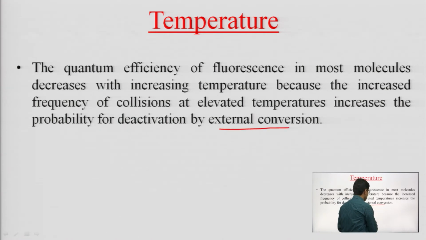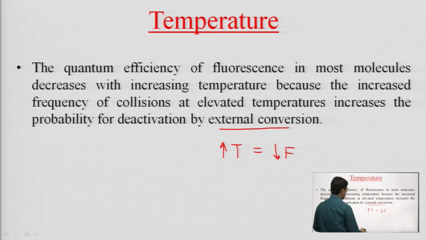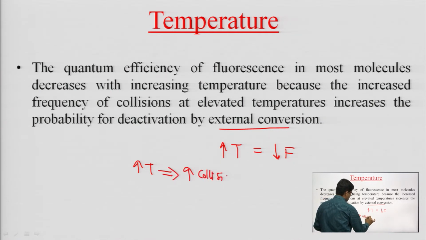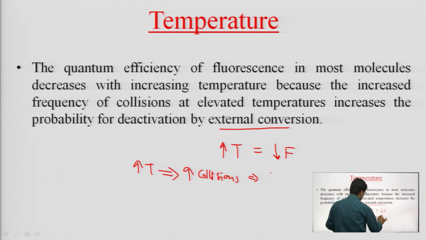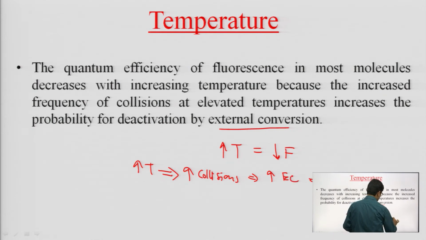So, if you increase the temperature, fluorescence decreases, because by increasing the temperature you are increasing the collisions, it causes an increase in external conversions, and it causes a decrease in the fluorescence.